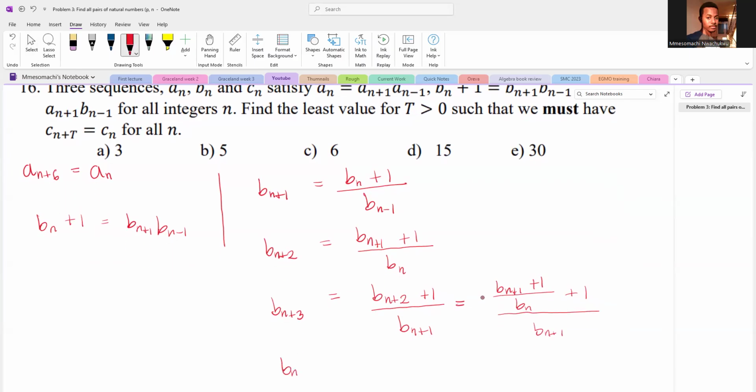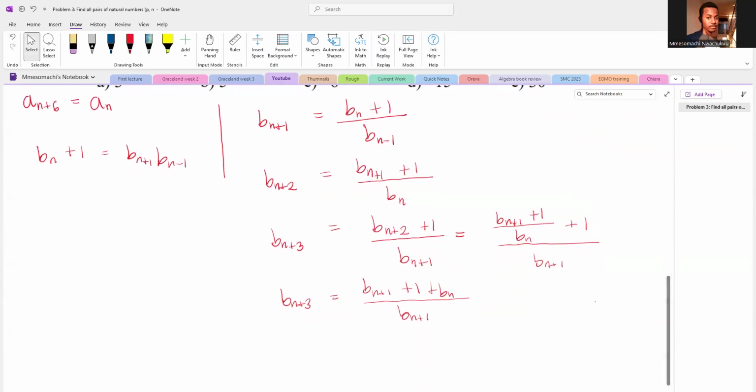So we have b(n+3) equals (b(n+1) plus 1 plus b(n)) divided by b(n+1) b(n). Let's just express it like this.